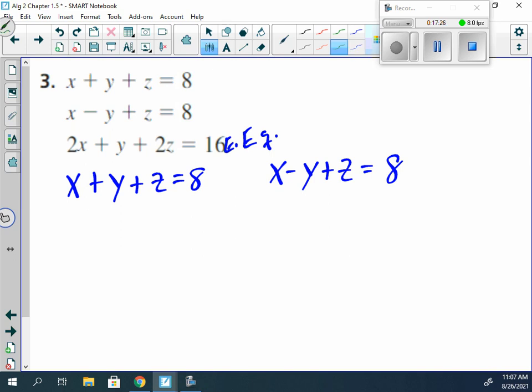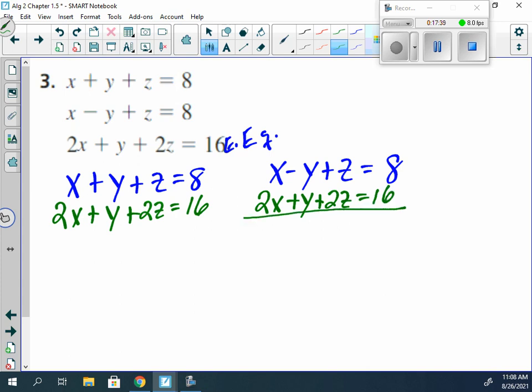Now, since y is already the same in all of these here, we can just write it on down because I don't have to change y at all. They are going to cancel out.